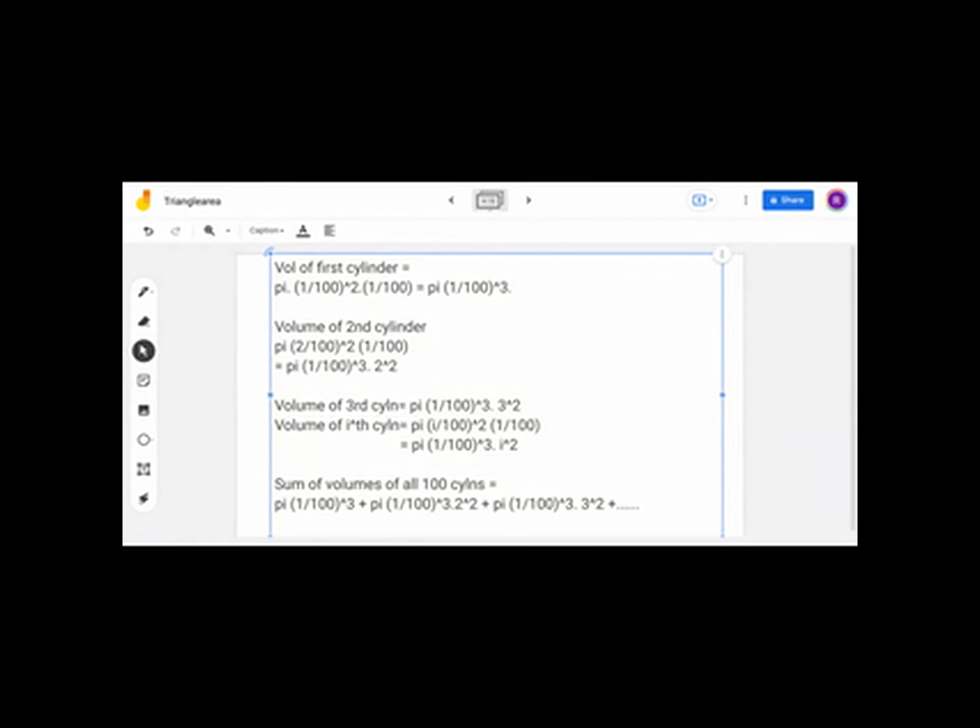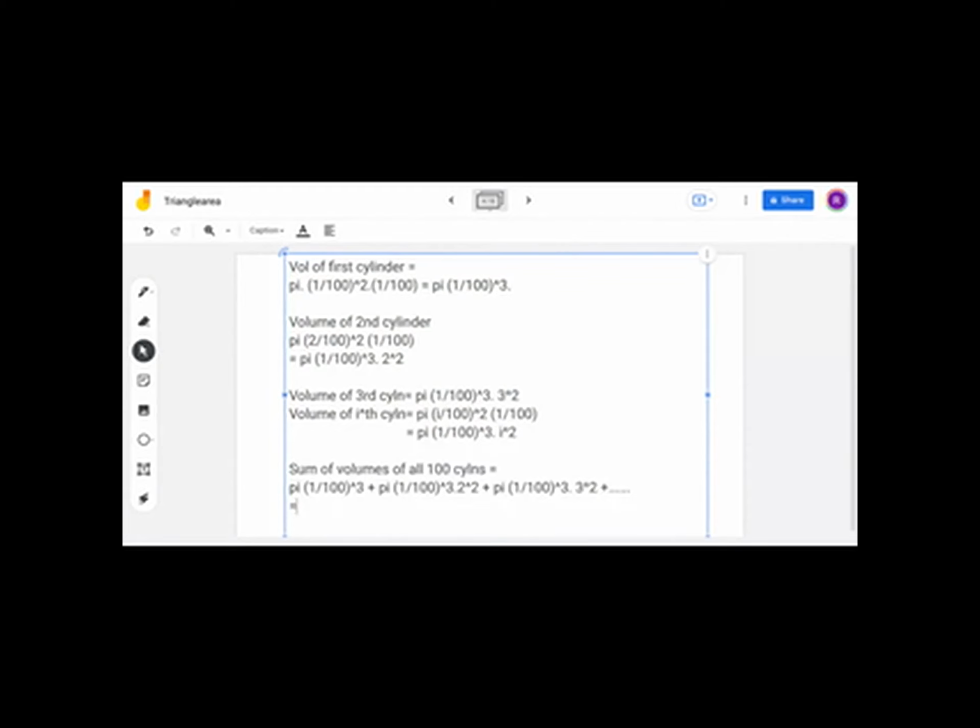What will I get? You know how to add this? So pi times 1 by 100 whole cube times 1 squared plus 2 squared plus 3 squared and so on up to 100 squared. Yes, so I can just take this 1 by 100 whole cube out as a common factor.